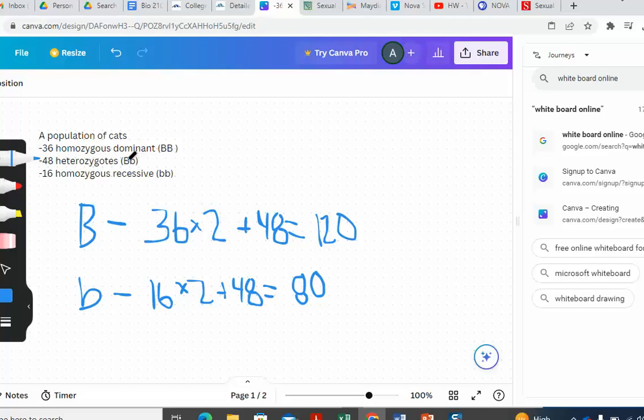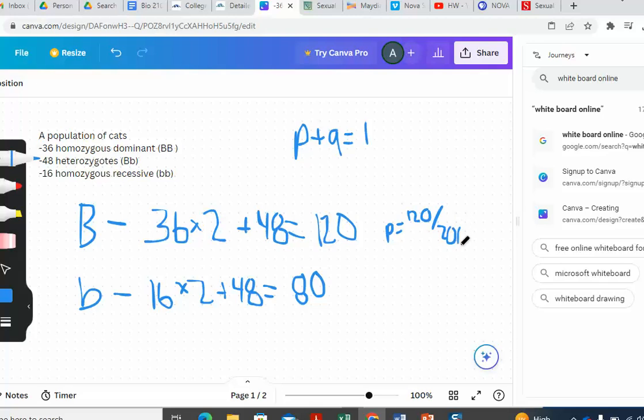Okay, so with Hardy-Weinberg, we're usually interested in p's and q's, and those aren't the number of the recessive and dominant alleles, they're the frequencies. It's pretty simple to calculate p. That's just going to be 120 divided by 200, where p is the frequency of the dominant allele.